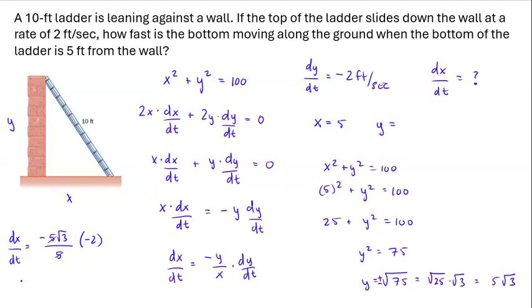And we can simplify. The two negatives will make this a positive, and we're going to get 2 radical 3. That is our exact value. If you want to go to your calculator and get a decimal approximation, I'll take this one out to 2 decimal places. This is approximately 3.46. And make sure you put your units on it. This would be feet per second.